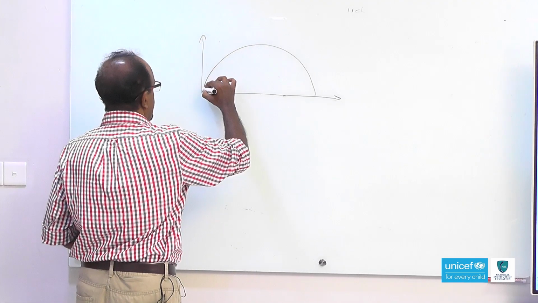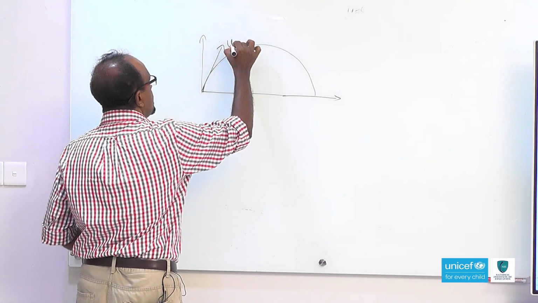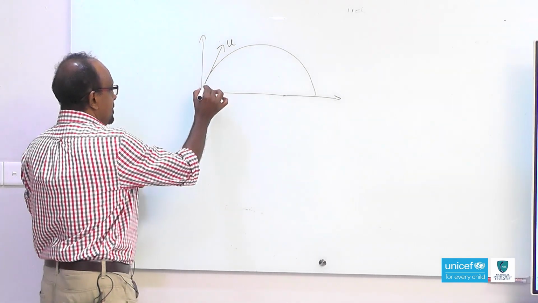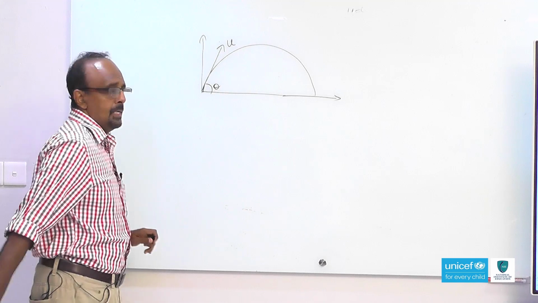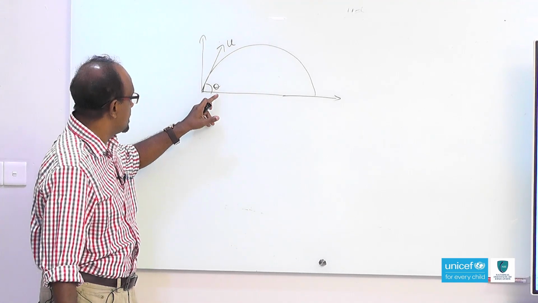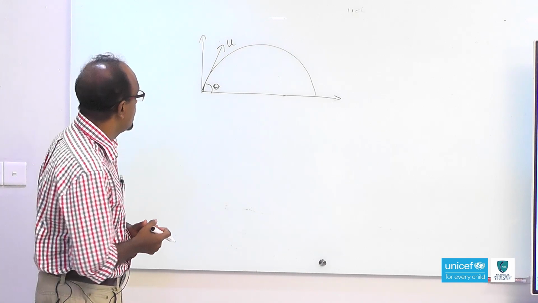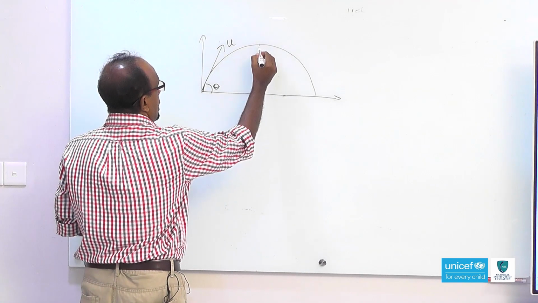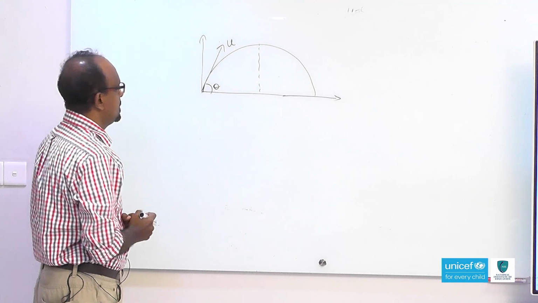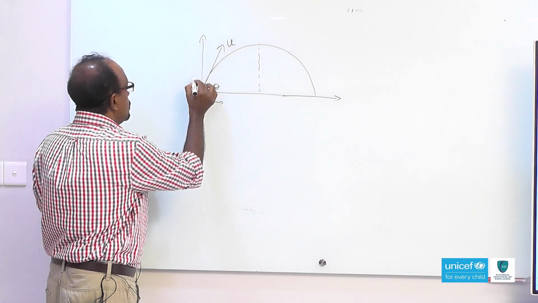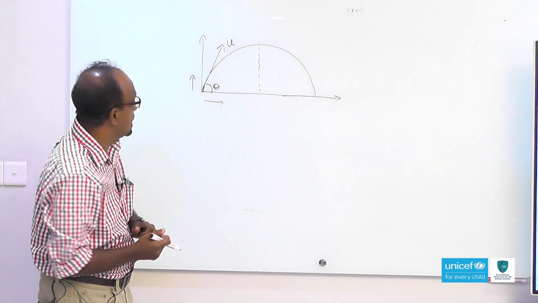you can see this is the initial velocity, we call it the velocity of projection. Then the angle from the horizontal direction or vertical direction, we can get the angle because velocity is a vector quantity. And then during the projectile motion, the first thing we have to do is resolve this velocity into horizontal and vertical directions.